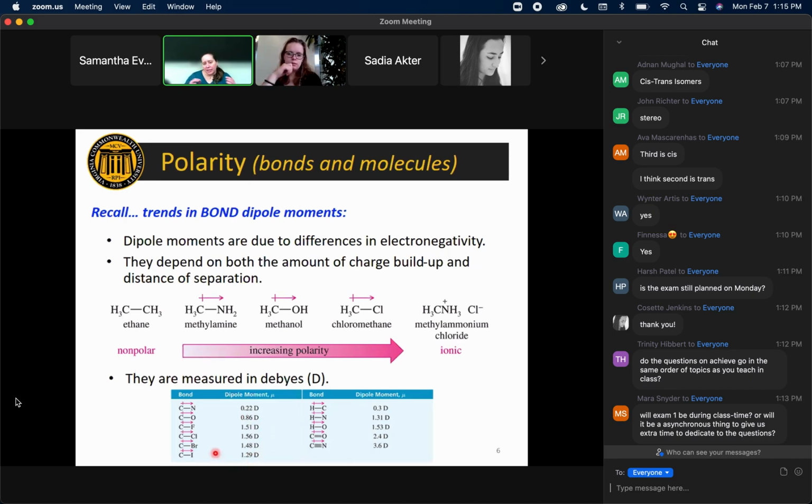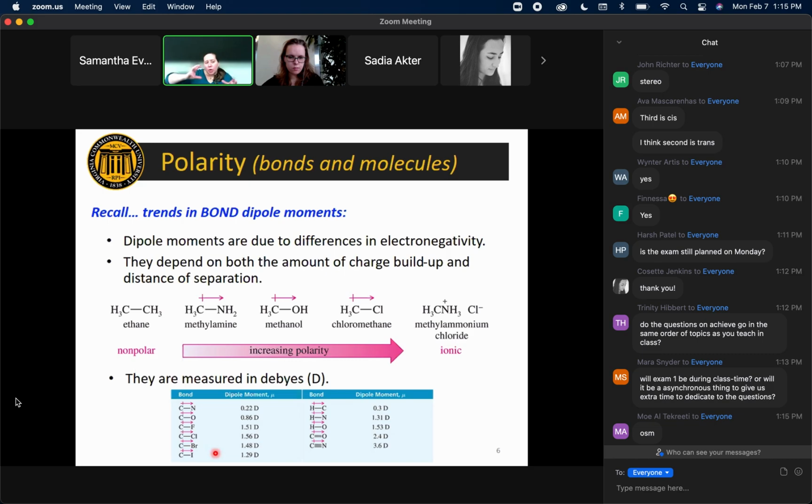And that is because electronegativity goes up as you go up the periodic table, and the electronegativity difference between the two partners is working antagonistically, or opposed to the bond length or bond distance as it relates to bond dipole moments.